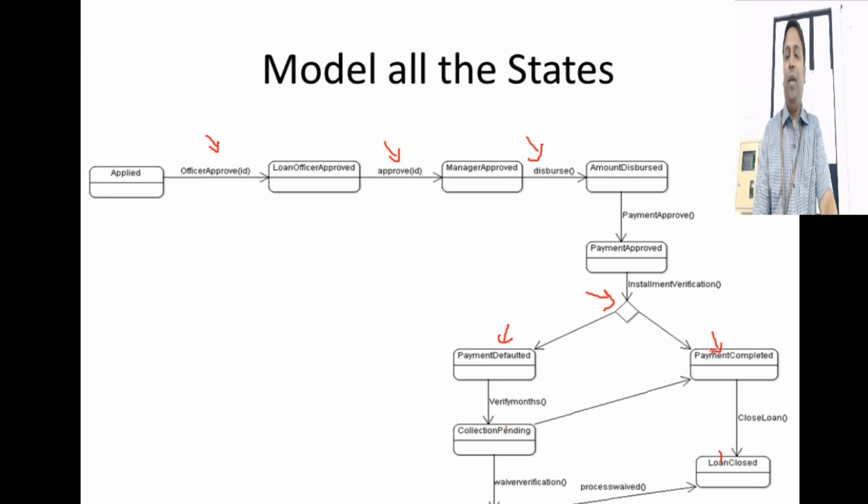He completes his payment, from there he goes to loan closed. He goes to collection pending, from there he goes to payment completed. Sometimes when you collect from him, he will pay it back. So that goes to payment completed and then loan closed. So loan closed becomes your final state. You start in the applied state.